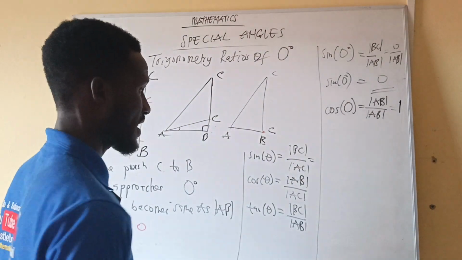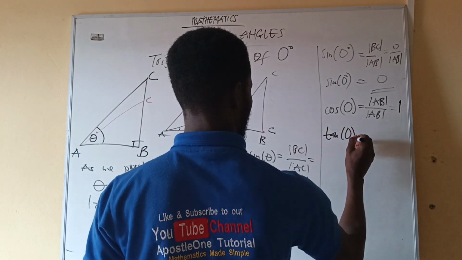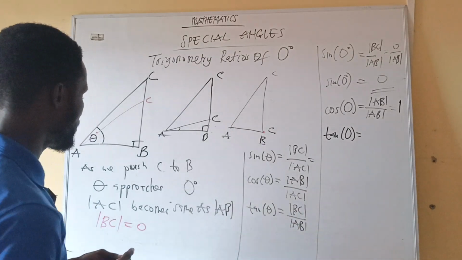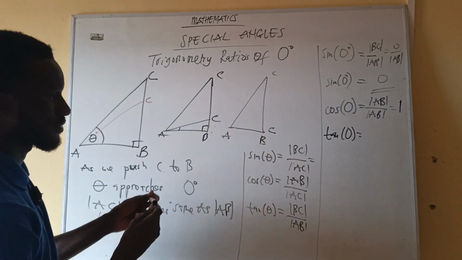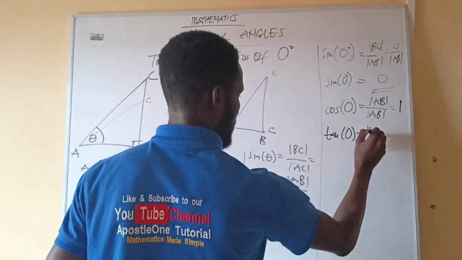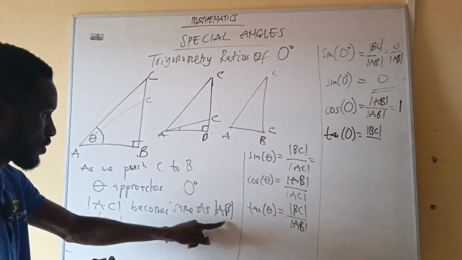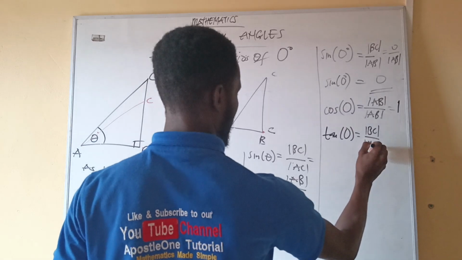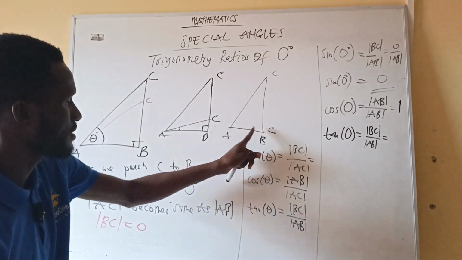Now follow me closely. Now let's talk about tan 0. Tan is BC over AB. Now where is BC? BC is from here to here. So I'm going to write my BC. BC doesn't change. It is the AC that becomes the AB. Now I divide by AB. This is my AB. Now what is BC?